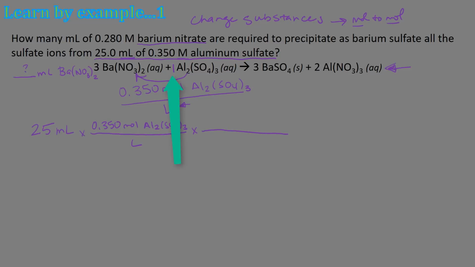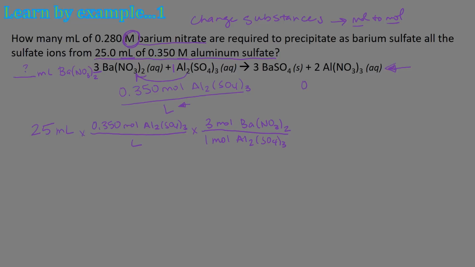So I can use 1 to 3. So I'm going to put 1 mole of aluminum sulfate to 3 moles of barium nitrate. Now that I have moles of barium nitrate, I can use my molarity of barium nitrate to get back to liters.